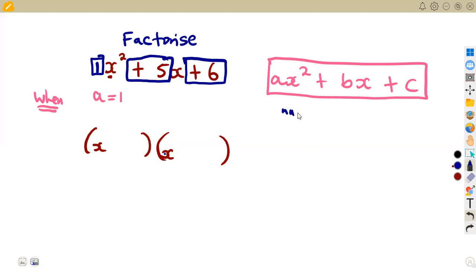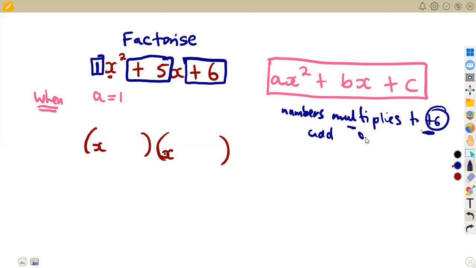So you need numbers that multiply to positive 6. All right, let me just write this. They must add up to a positive 5, which is this one.